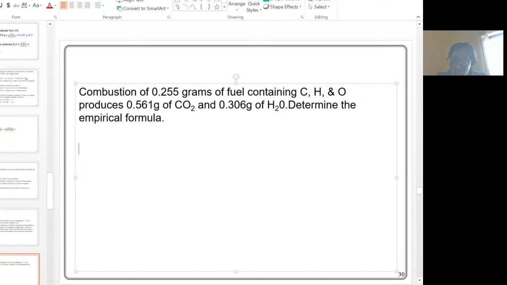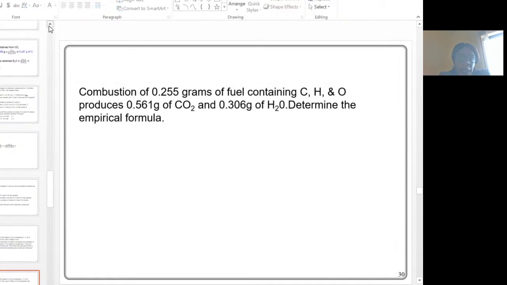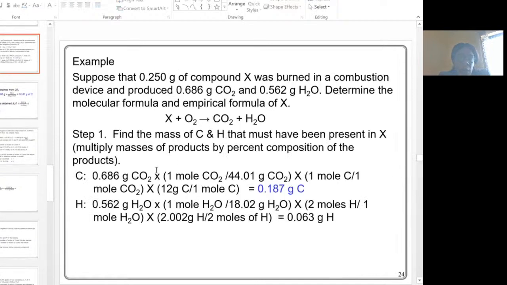So we use the same method. You can use method 1, where you multiply the total mass by the mole ratios. 1 mole of carbon dioxide has a molar mass of 44.01 grams per mole, and in this we have 1 mole of carbon, which has a mass of 12 grams.